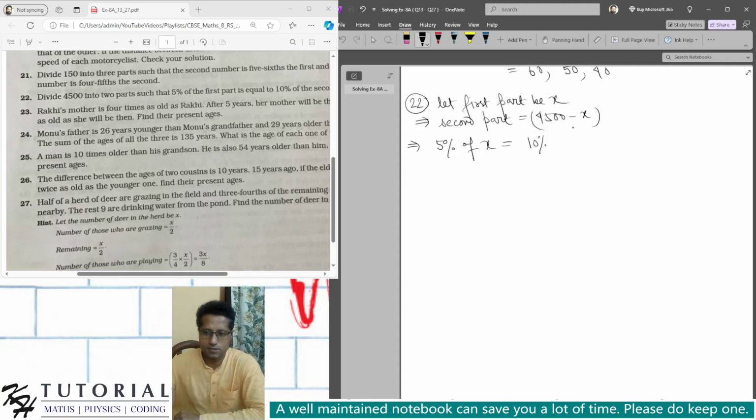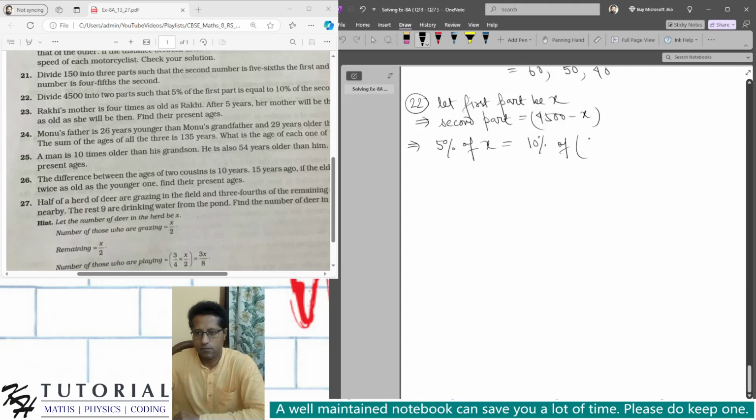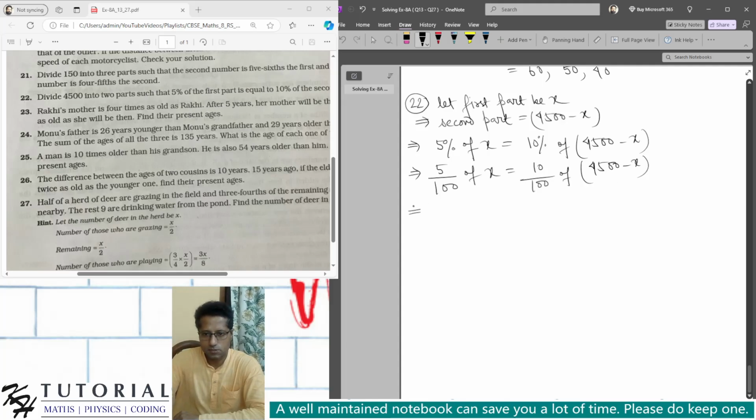So 5% of x is equal to 10% of the second part, that is 4,500 minus x. 5% of x means 5 by 100 of x, and 10% of something means 10 by 100 of 4,500 minus x, and we know that the of operator means multiplication.